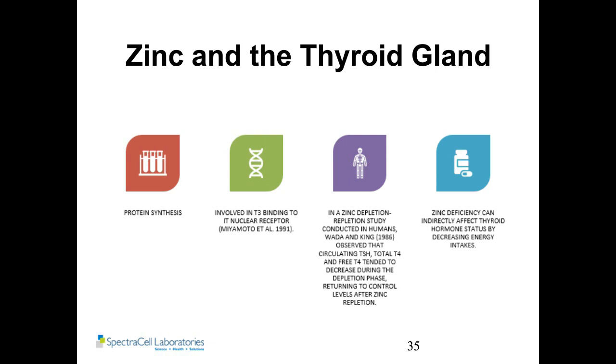So when someone is deficient in zinc, there are a couple of major steps or functions that are really affected with the thyroid: the conversion of one form of the thyroid hormone to another and activating the thyroid receptor. So this is very important. And like I said, if people are consuming foods that have high zinc content but low bioavailability, it gets us into a situation that can be very distressing.